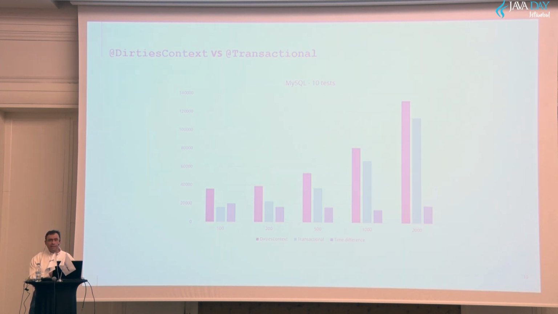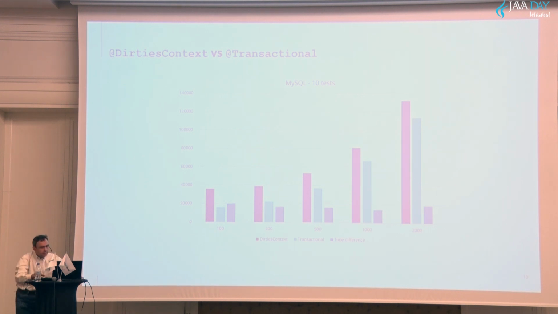The transactional annotation also looks considerably high compared to non-transactional execution. If we just compare the transactional execution against the non-transactional. No, this is the difference. The third bar is not non-transactional execution. The third bar is the difference. Let me see if I have here my pointer or not.